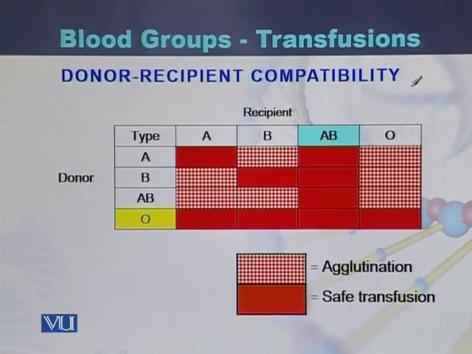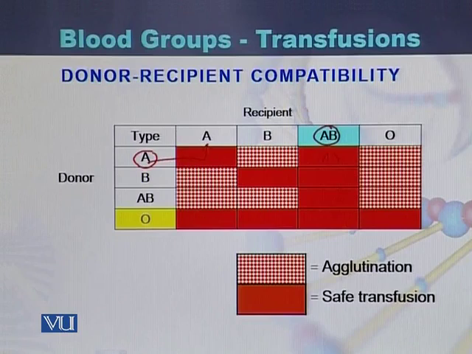So in this diagram, we can understand how we can check which is the donor and which is the recipient. In case of blood group type A, this type can be donated to A, as well as to AB. So the red color shows that A can be donated to A and A can be donated to AB.